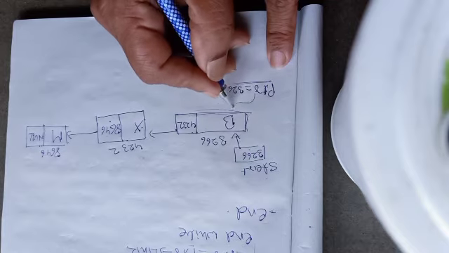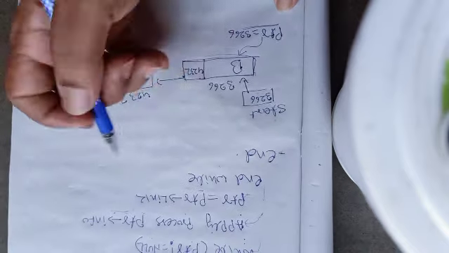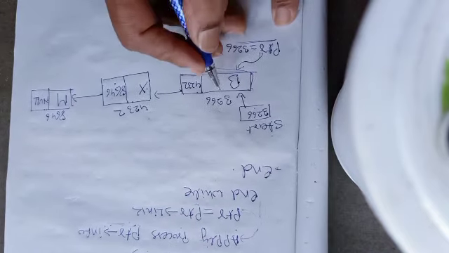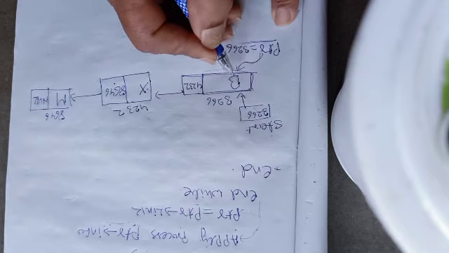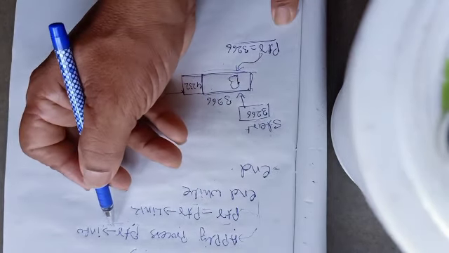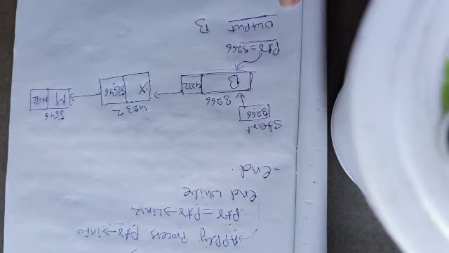That means ptr points to this position. So ptr of info means, what is the value in the info part of ptr? B. So at this line, the value processed is B.